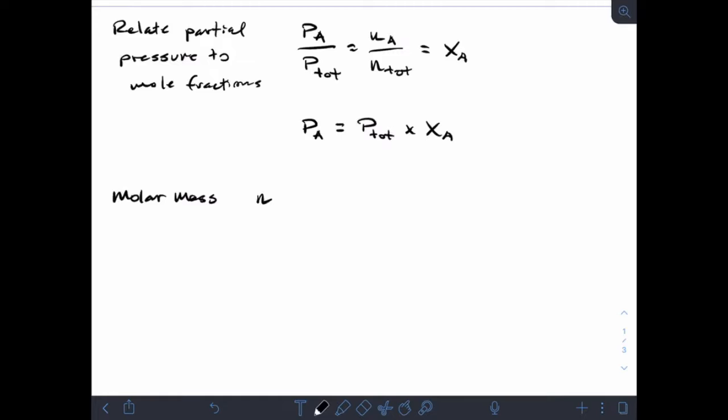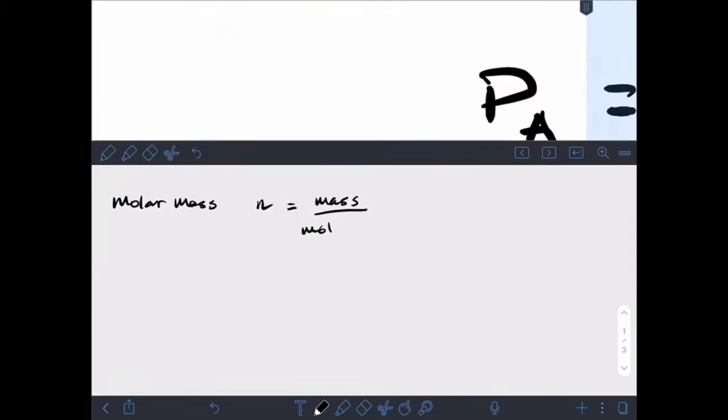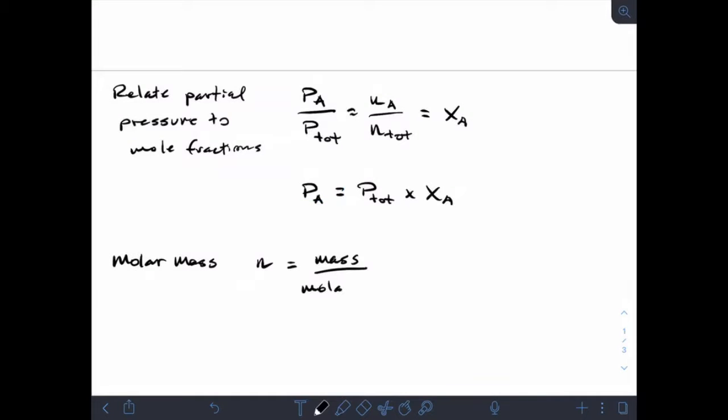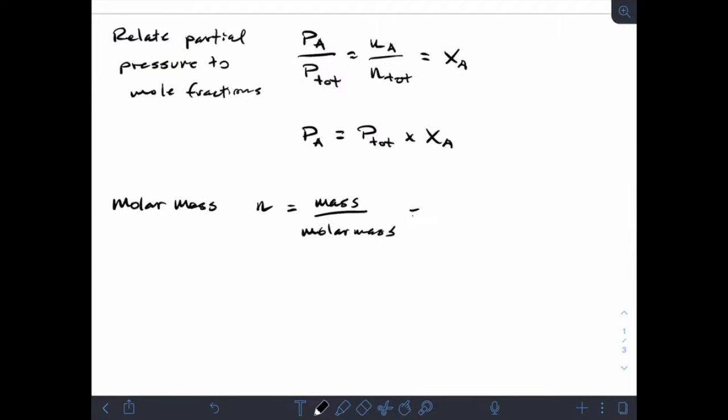Moles equals mass over molar mass, which I'm going to write as m over capital MM. Plugging that into the ideal gas law and rearranging, we end up with PV equals mass times RT over molar mass.